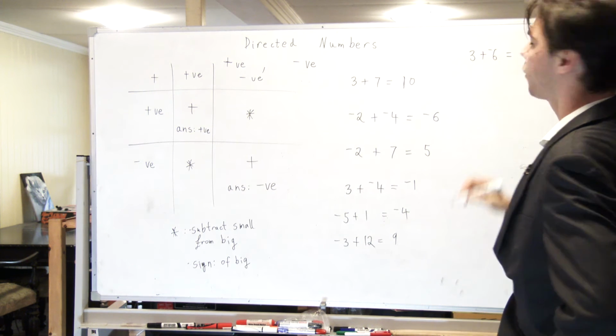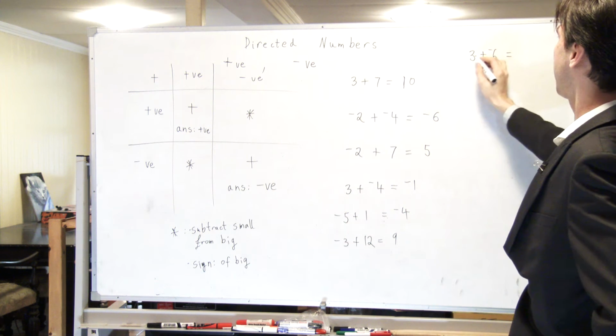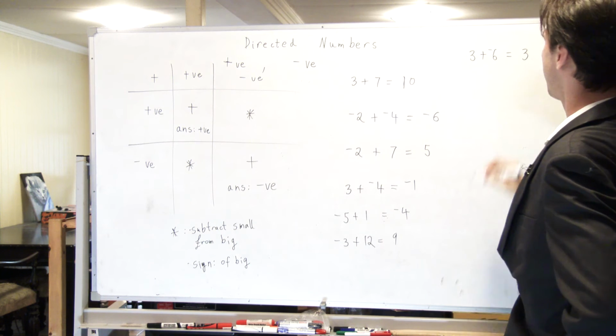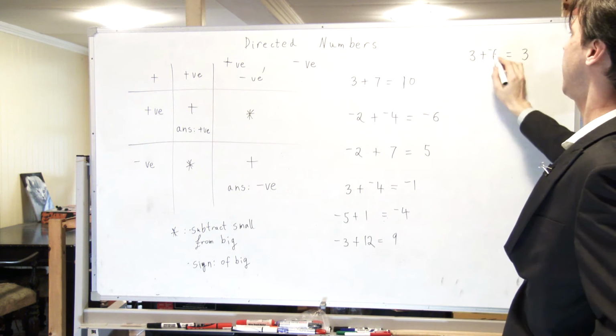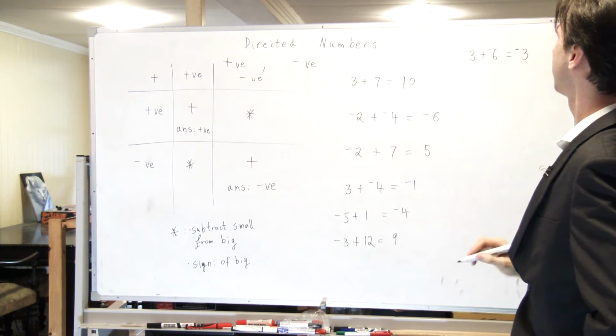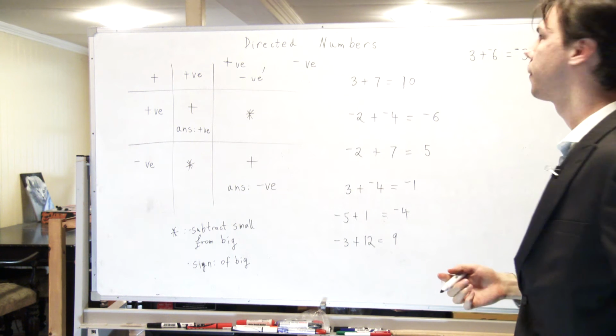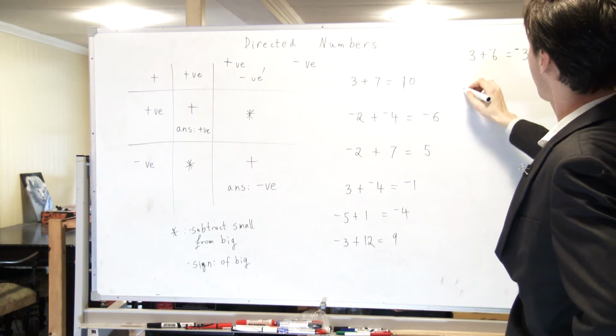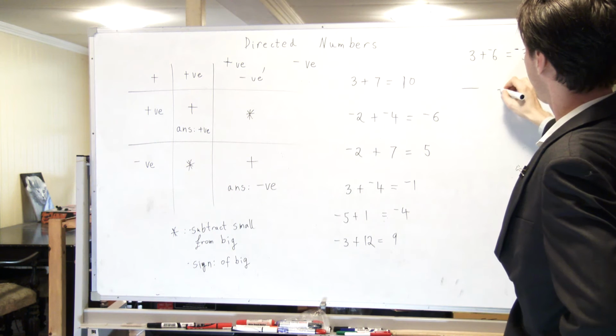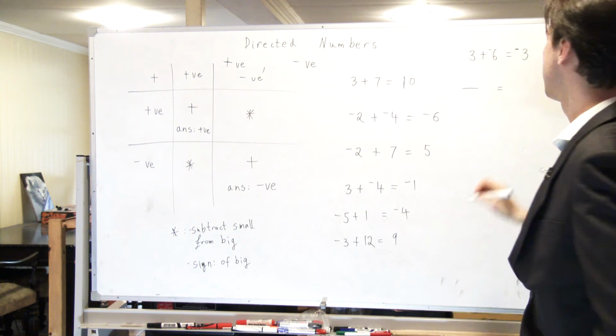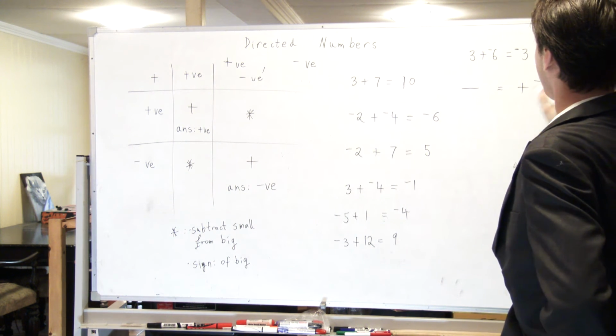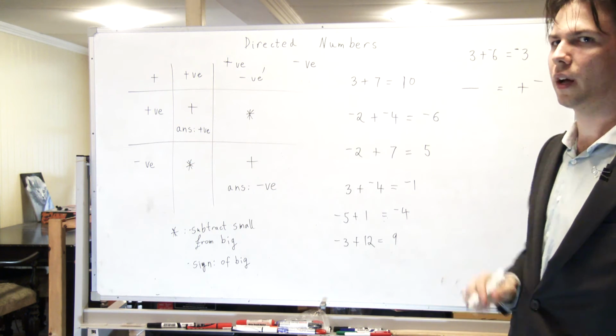And then we follow the rule here. 6 take 3 is 3. The bigger number was a negative 6. So it becomes negative 3. So just remember, if you're subtracting a number, that's the same as adding a negative number. That will help.